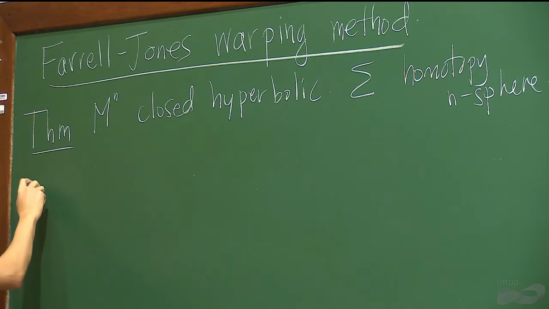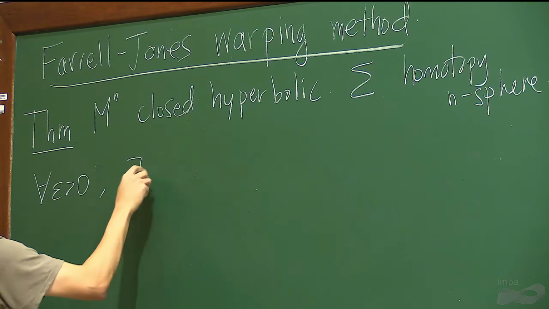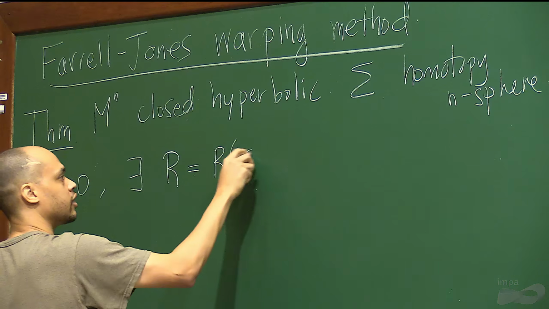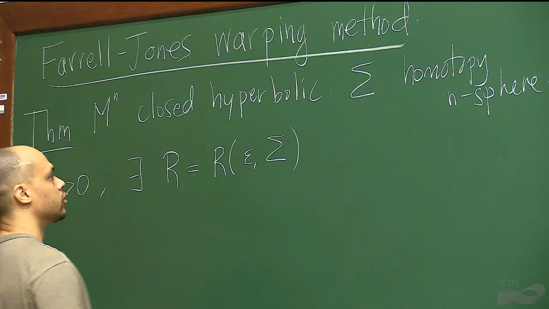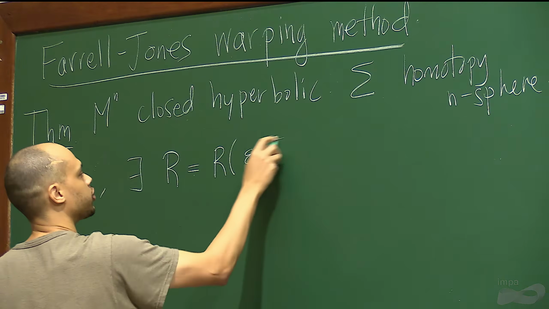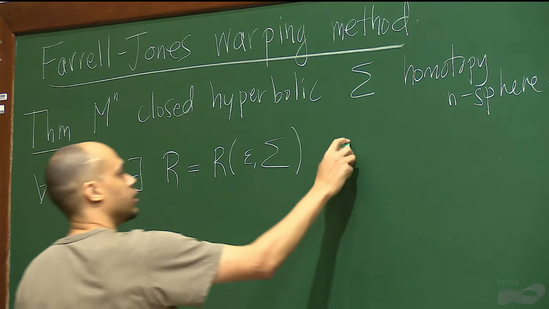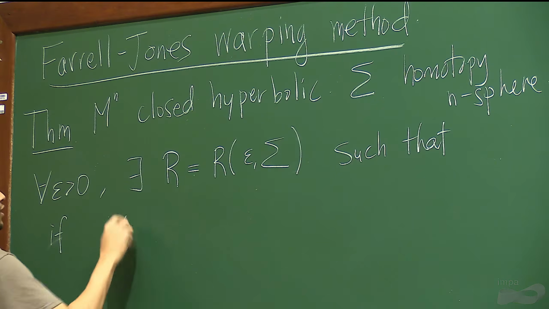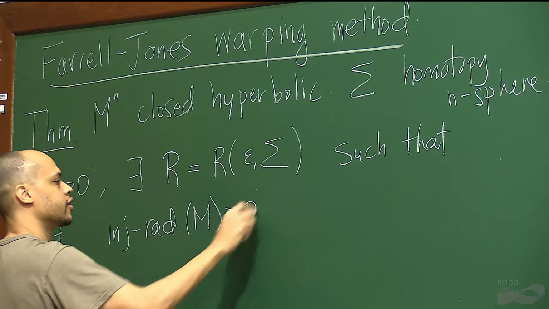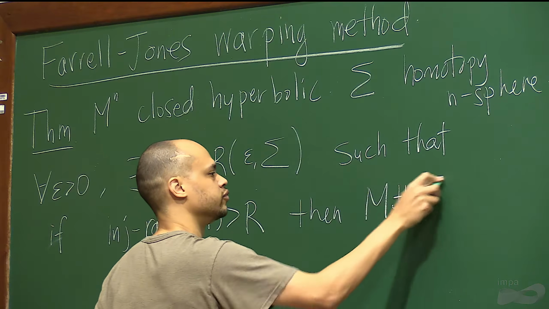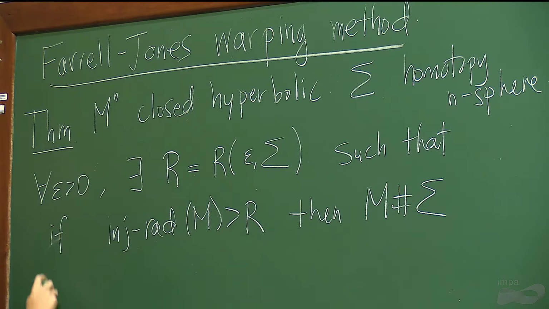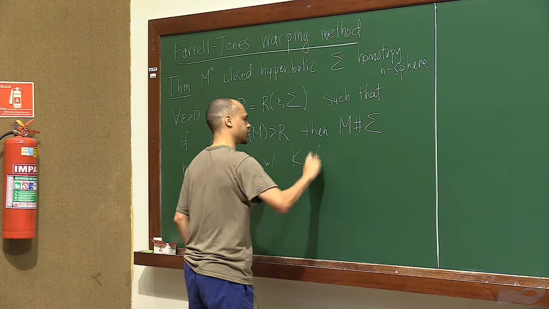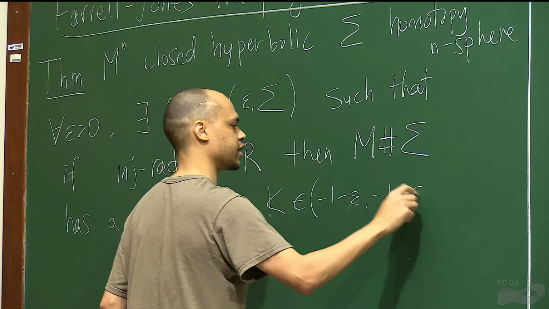And the statement is, given epsilon greater than 0, there exists some constant R, which depends on epsilon and the homotopy n-sphere, such that if the injectivity radius of M is bigger than R, then M connect sum sigma has a Riemannian metric with curvatures pinched between -1 minus epsilon and -1 plus epsilon.